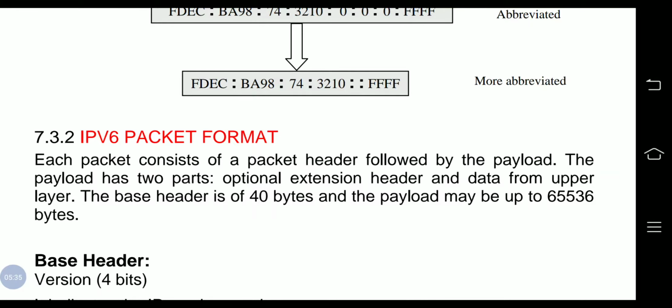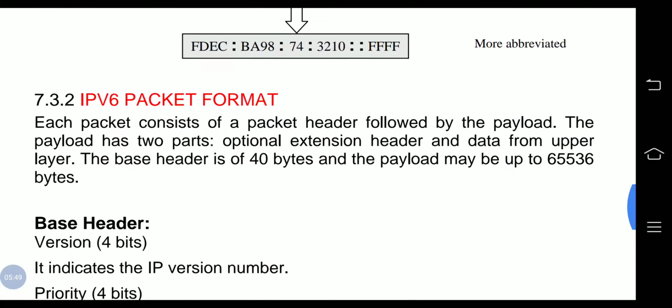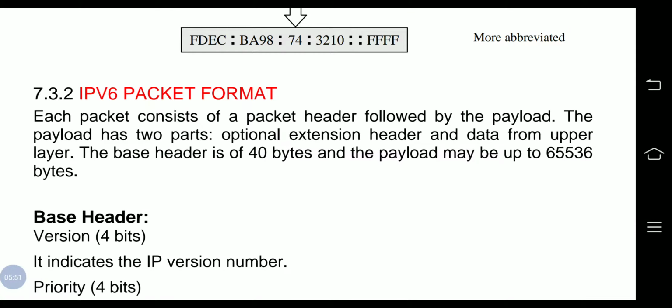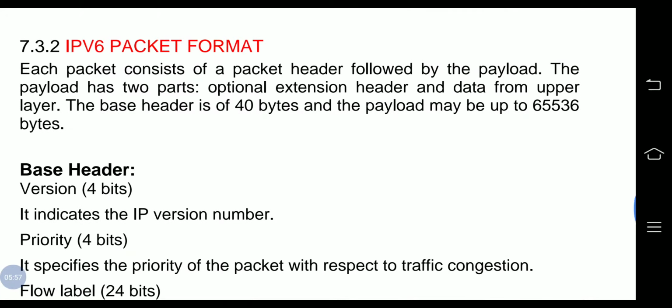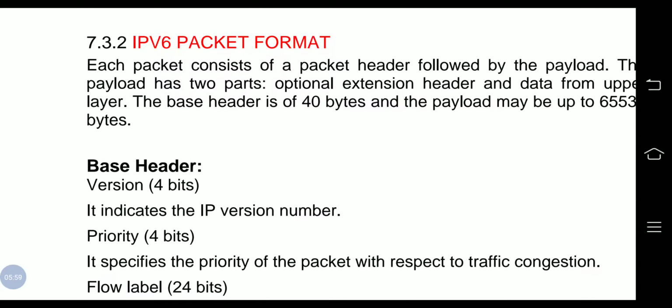Now the IPv6 packet format. Compared to the IPv4 packet format, many of the fields are eliminated in the IPv6 packet format, and the packet is as follows. We say that it consists of 128-bit addresses. We'll see the fields one by one.